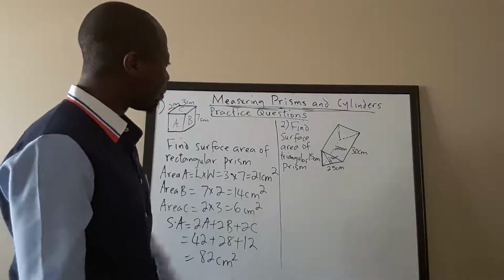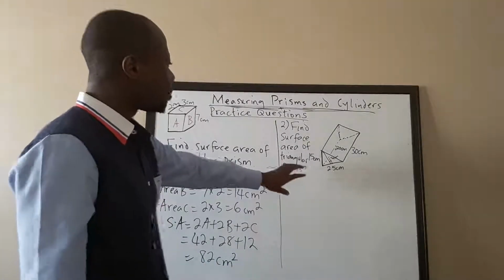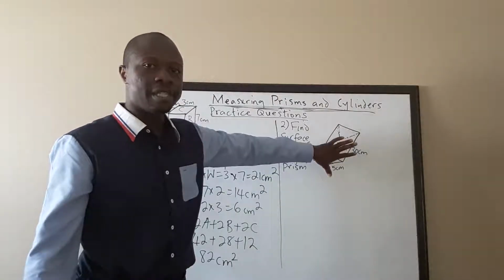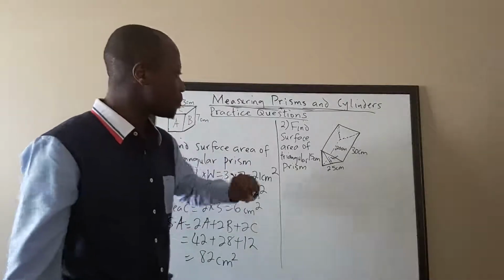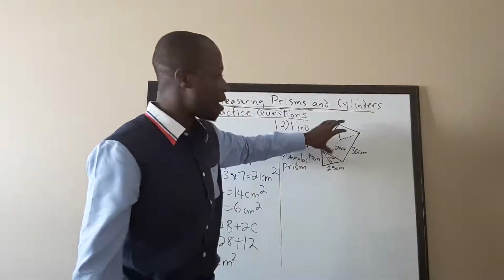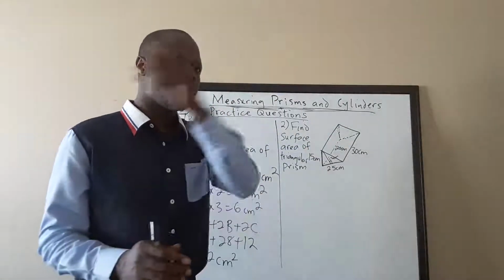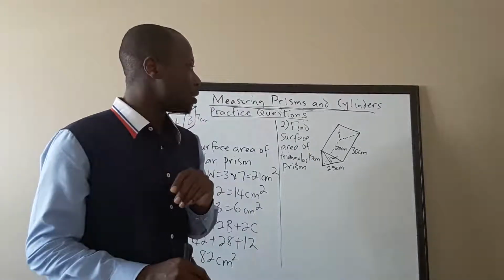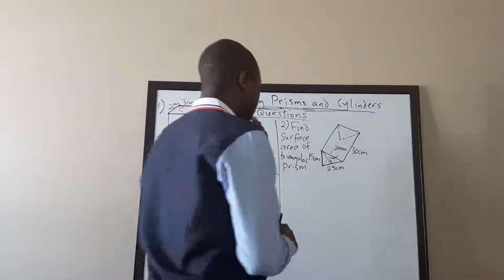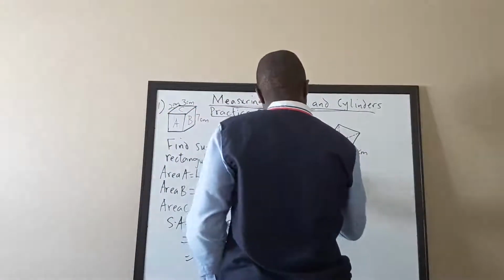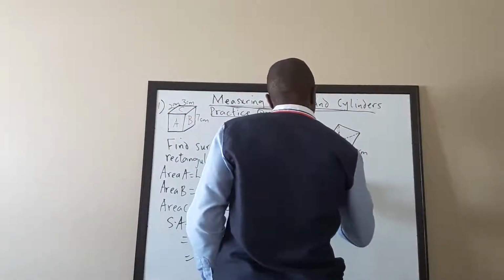Now for a triangular prism, this one has only 5 faces, not 6 like the previous one. The triangular faces are identical, so those constitute 2 of the 5 faces.